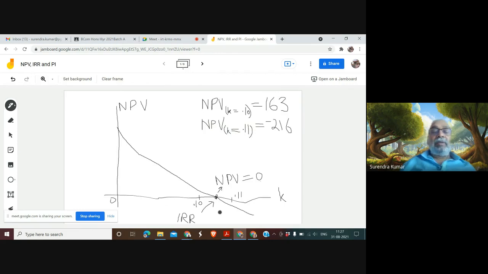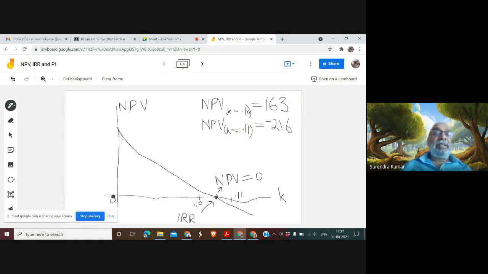Now this particular diagram is showing the relationship between net present value and internal rate of return. On the x-axis we are showing the cost of capital, and on the y-axis we are showing the net present value. And we know from our previous learning that at a point where NPV is 0, that is the cost of capital which is equal to internal rate of return.